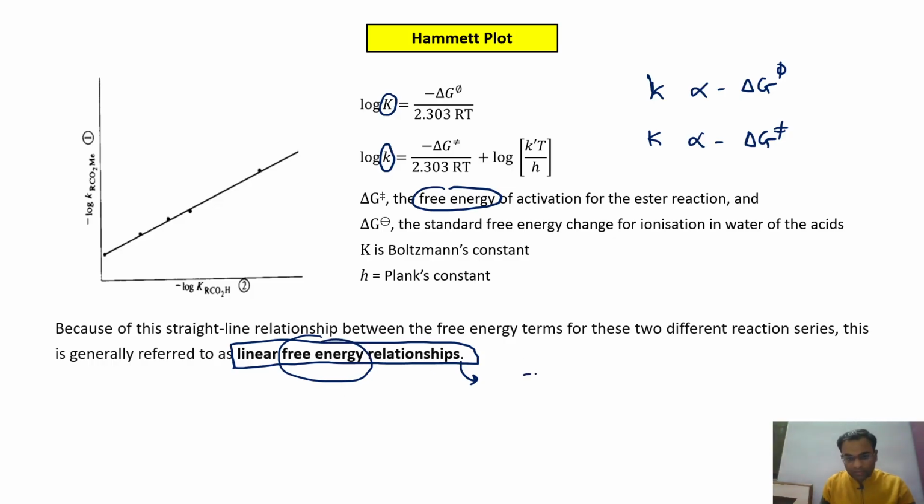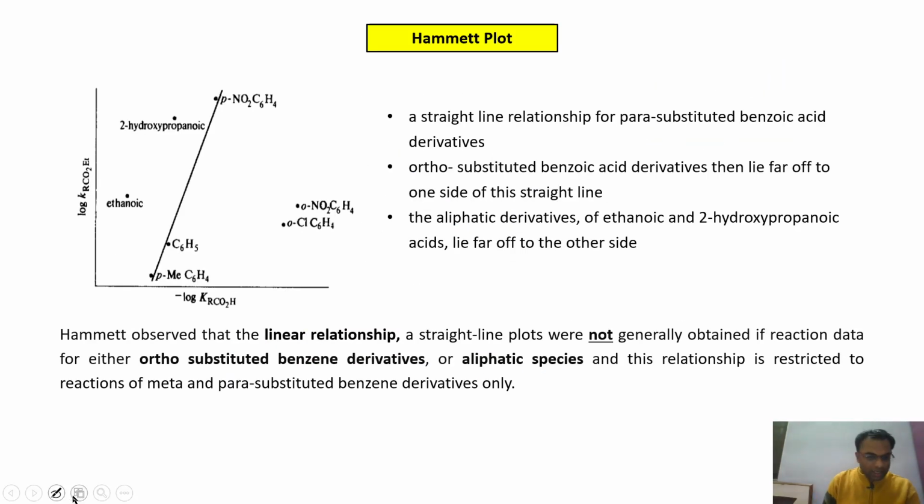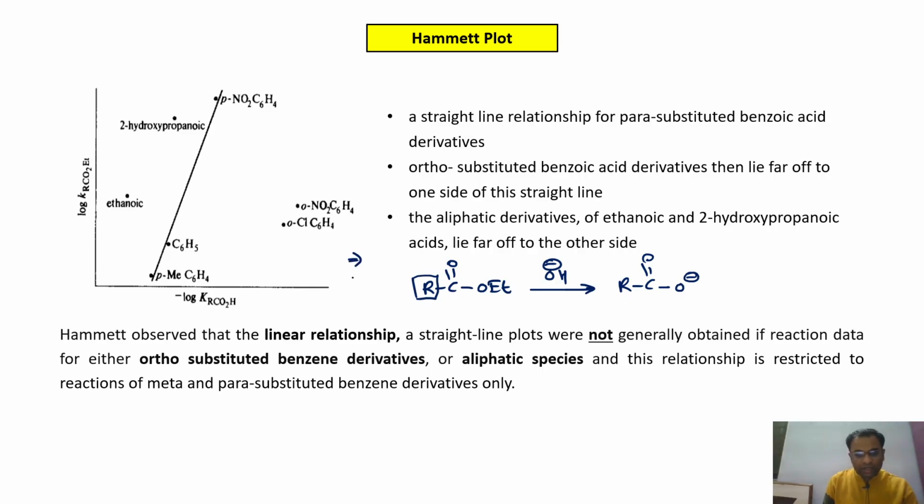Now, after having this surprising result, he carried out another reaction, that is base catalyzed hydrolysis of ethyl ester. Here R is either a meta or para substituted benzoic acid derivative, or an ortho substituted benzoic acid derivative, or an aliphatic acid derivative.